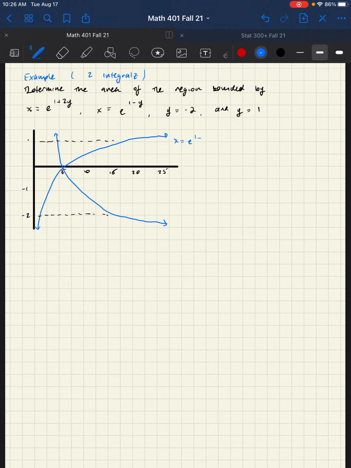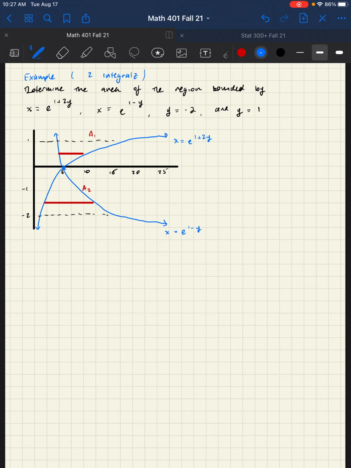This, by the way, is x equals e to the 1 plus 2y, and this is x equals e to the 1 minus y, and we have to set up two infinitesimal slices because they're going to flip on us, right? Which one's the rightmost curve at that given point? So we have A1 here and A2 here, or whichever one you want to label A1 and A2.